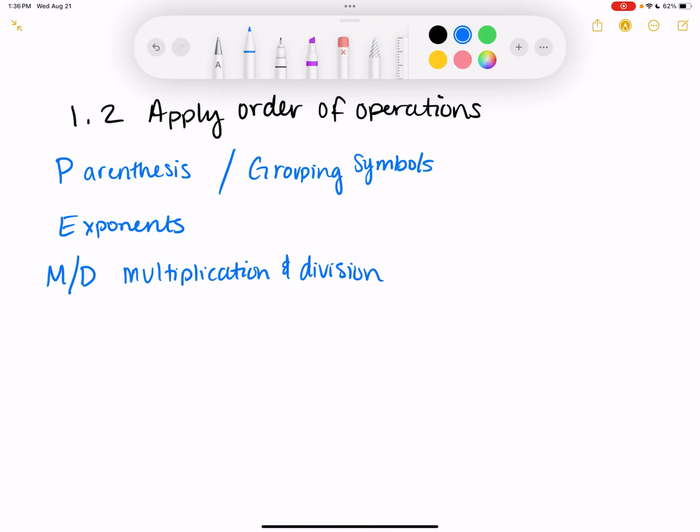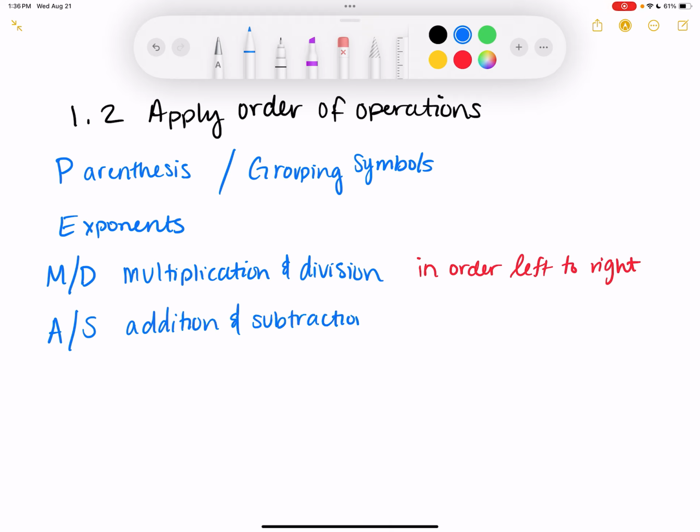And these are done in order, left to right. And then the AS part of PEMDAS is addition and subtraction. And this is also done in order left to right.